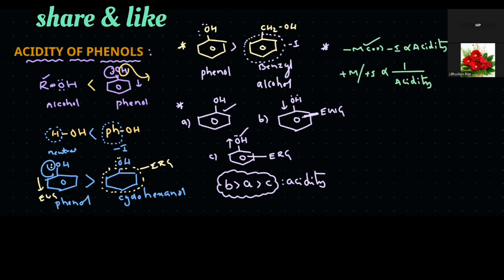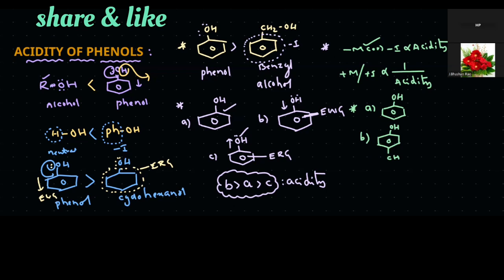Now, the first example. The first one, A, is the phenol group. Next, the second one, B, is phenol attached to one group, CH3, at a para position.